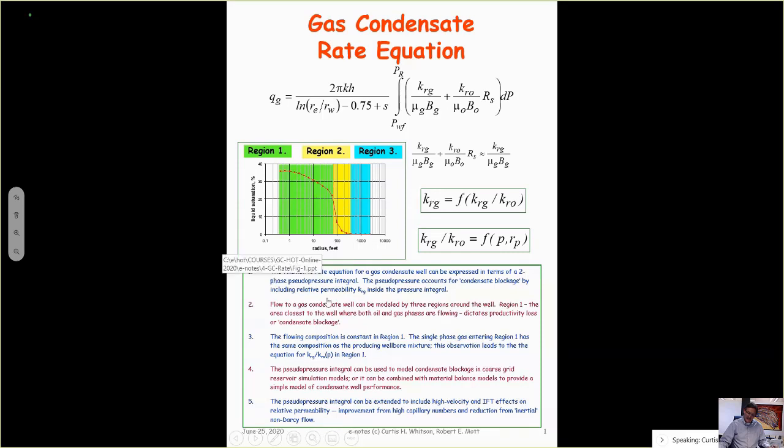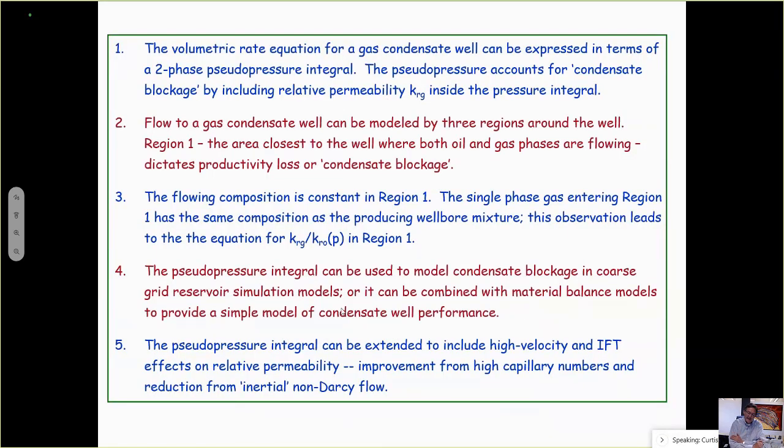Before we go into this, the volumetric rate equation for a gas condensate well can be expressed in terms of the two-phase pseudo-pressure integral to account for the condensate blockage, where the KRG is inside the pressure integral and therefore has to be evaluated. It can be modeled with the 3 regions around the well.